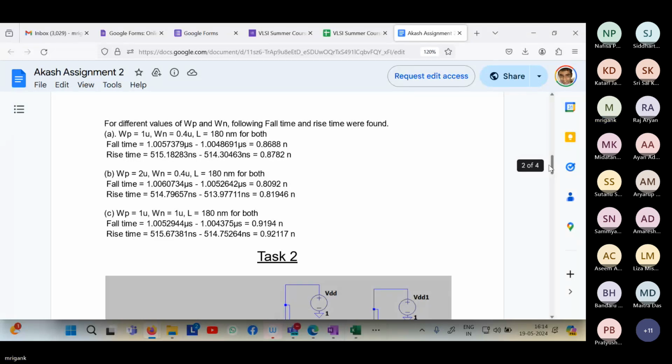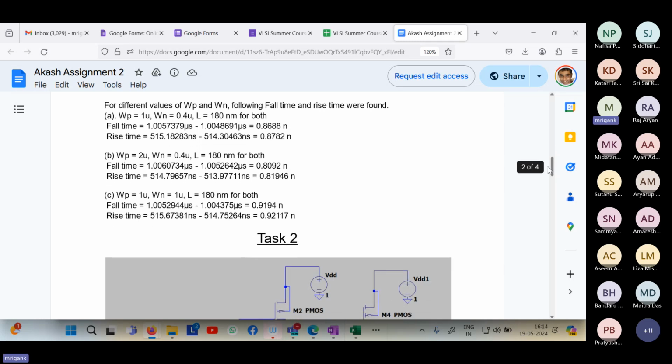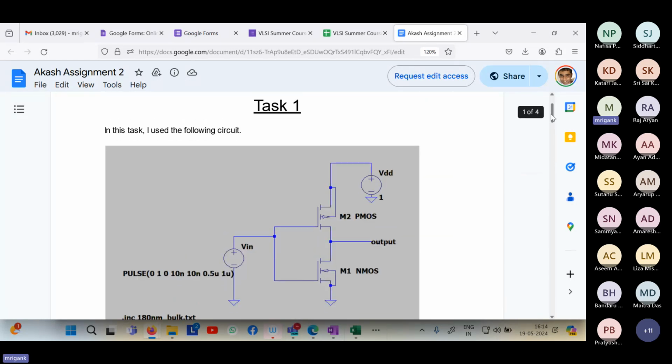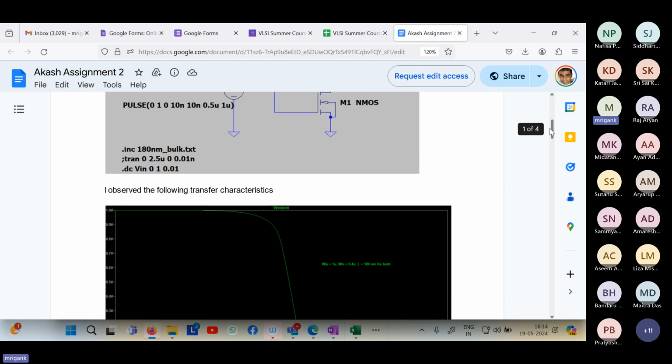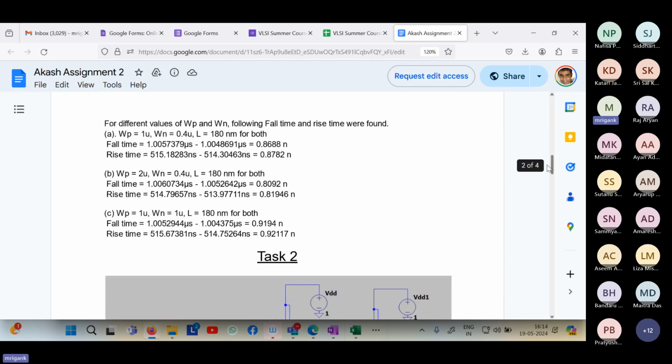And in both cases, he is not showing any significant effect on the rise time, fall time. In all cases, it is coming similar, which is a little surprising. I would expect significant change because of the W by L changes. And the condition for the circuit, I hope there is no capacitor also, but still I would expect significant change. So what is your observation? Other people also get similar value?